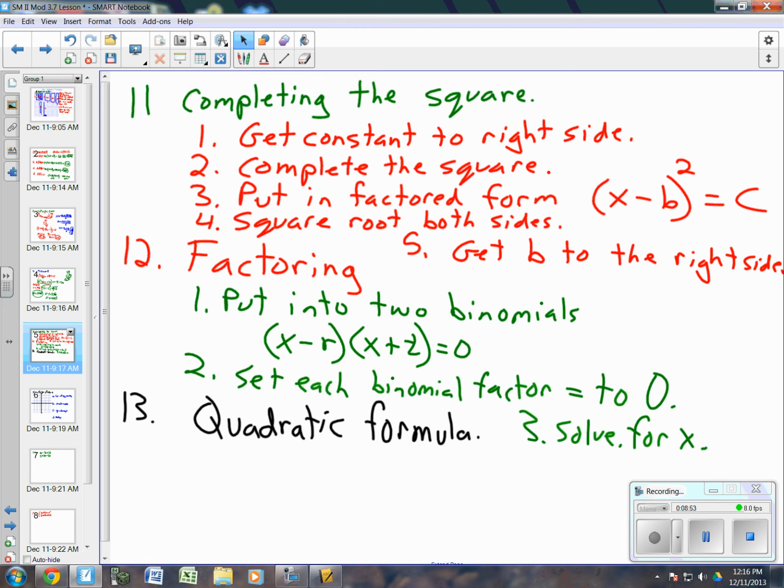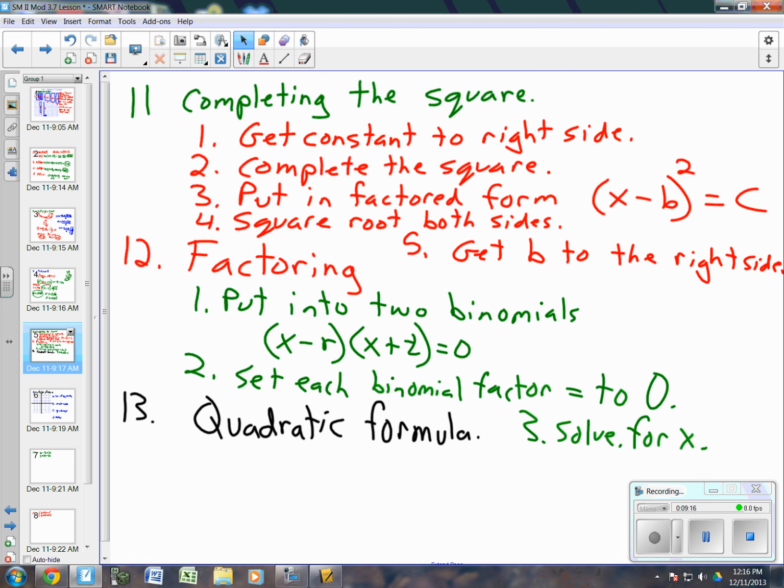Solve for x. Okay? When is it best to use factoring? When it can be factored, yeah, when it works. If I get a really big coefficient for A, I just use the quadratic formula.